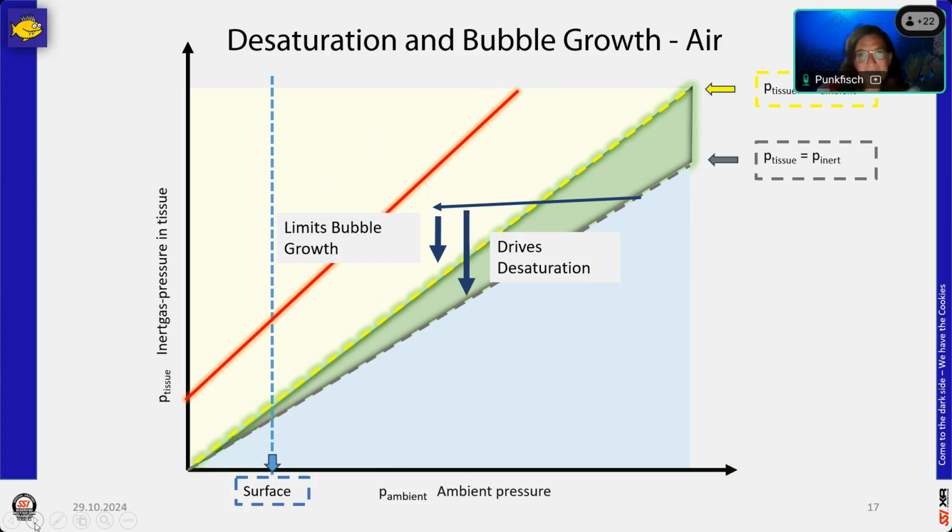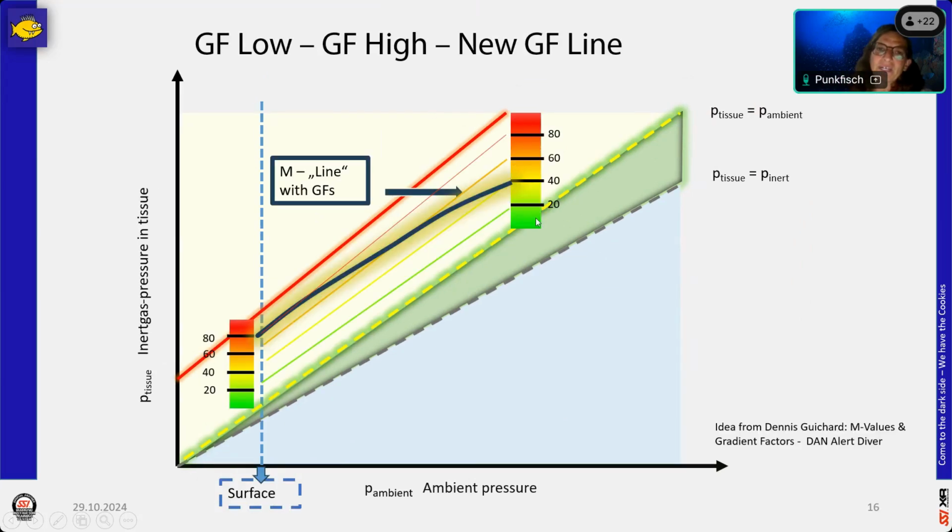But as we've seen, the gradient factor low is what makes us stop at depth. Wherever we set this gradient factor low, this is when the first tissue, which is usually one of the fastest tissues, is first saturated, and when one of these fast tissues hits the gradient factor low, then we have to stop.